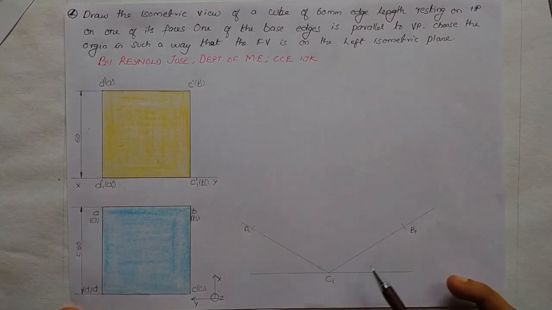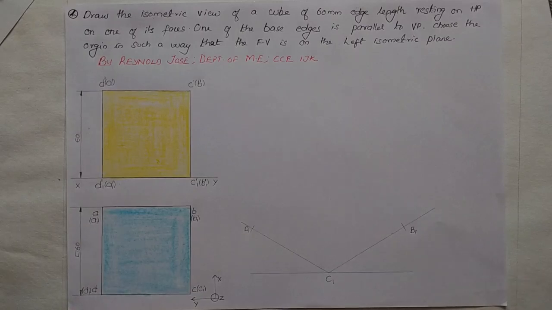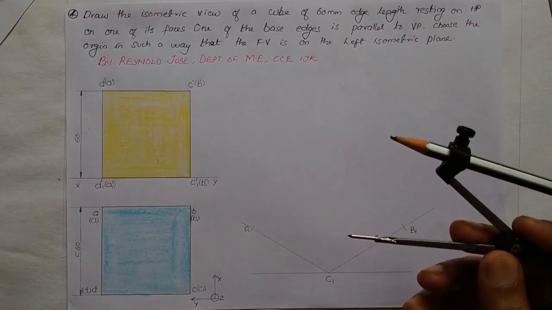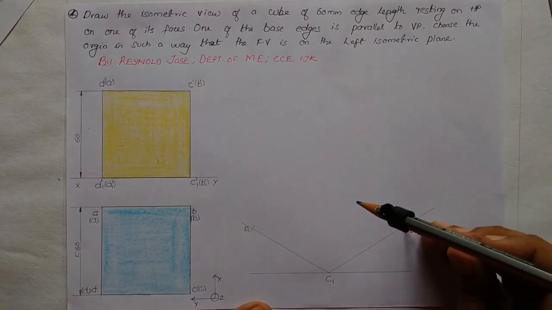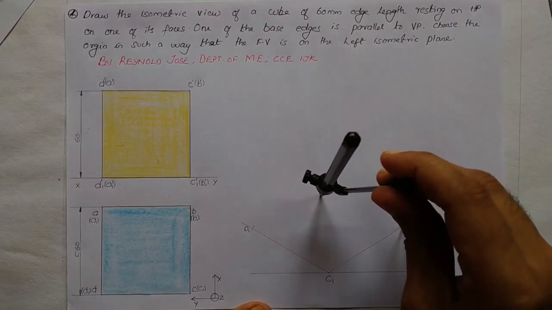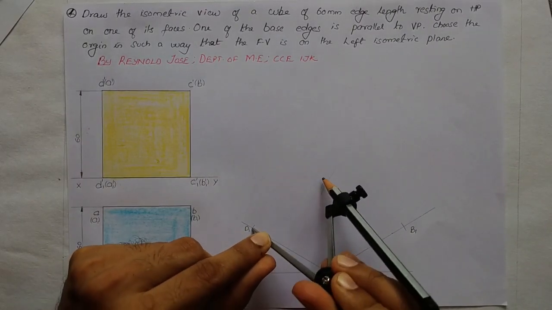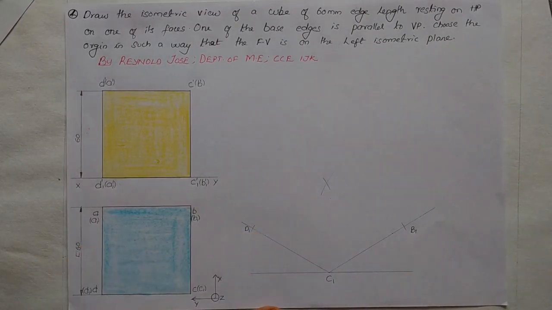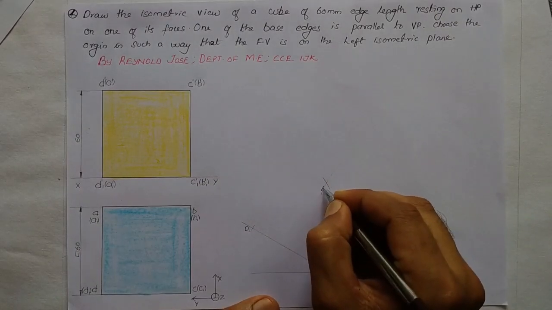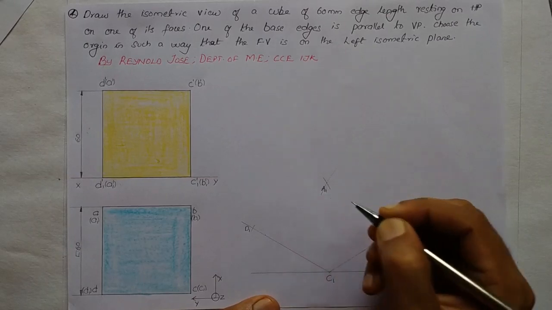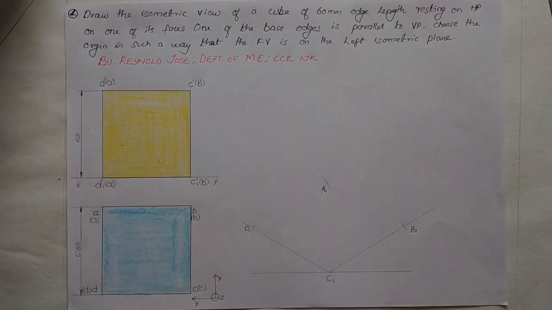So here we are having B1, C1, D1, and we have to get A1. As this is a square, we shall utilize the same compass with a measurement of 60 mm, and from this point we shall cut an arc to this side, and from this point again one more arc to this side. So this meeting point will be giving you point A1. And we shall join D1 A1 and A1 B1 using thin lines.